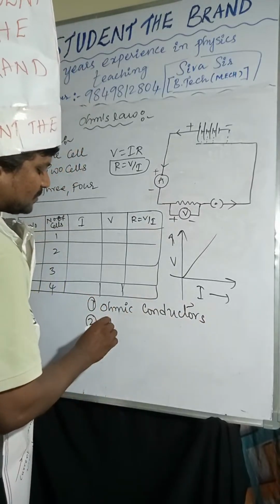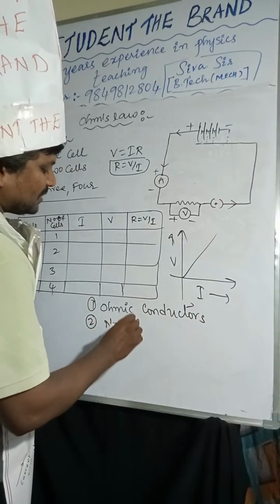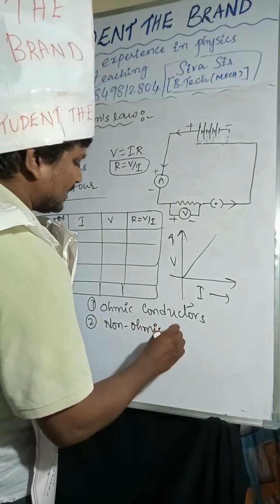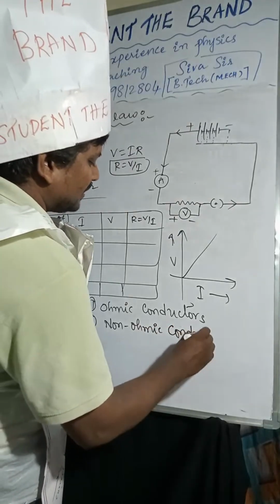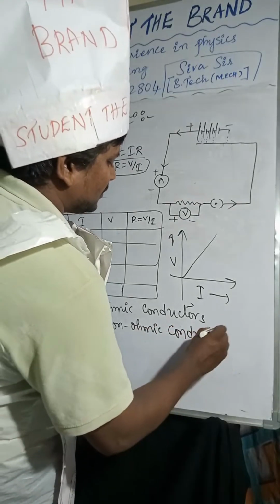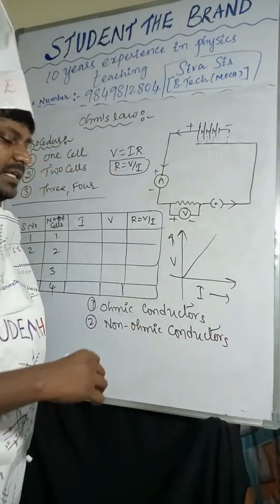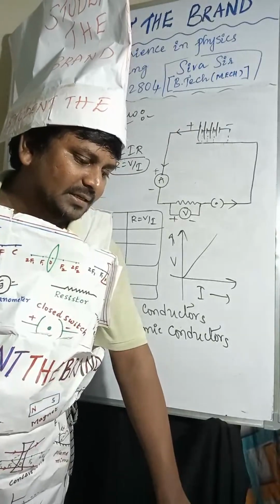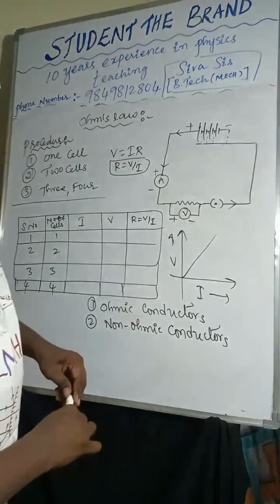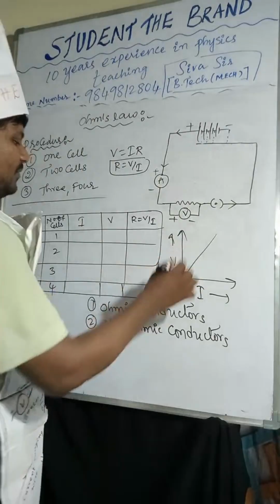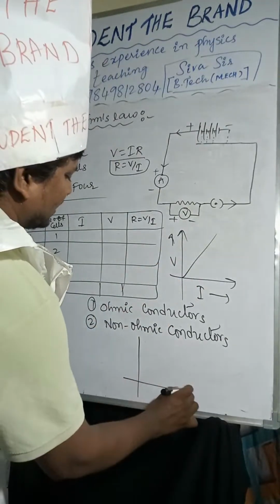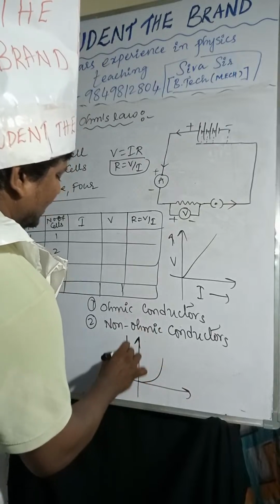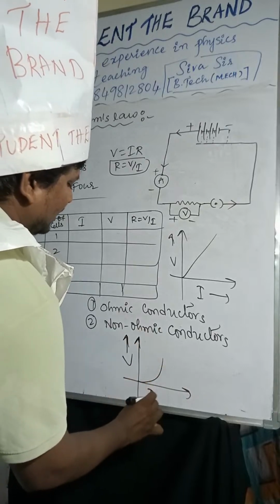The substances which do not obey Ohm's law are called non-ohmic conductors. For ohmic conductors the graph is linear. For non-ohmic conductors, the graph is curved. V on the y-axis, I on the x-axis.